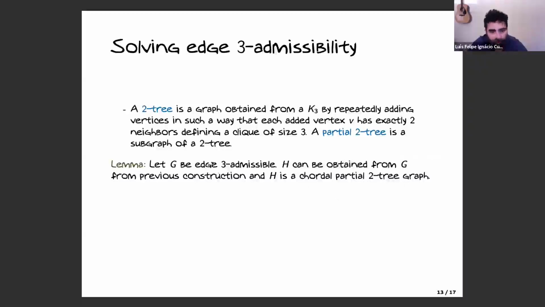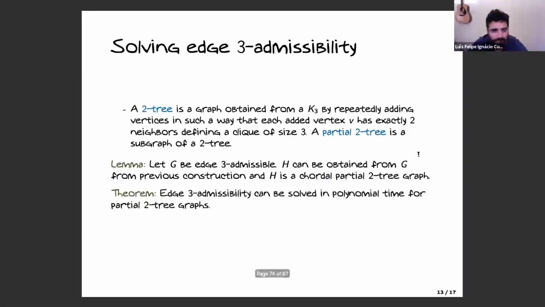And if such a graph is edge-free admissible, then it must be a chordal partial 2-tree graph. Sorry for the time, because I don't have time to explain all the details, but we have proved that edge-free admissibility can be solved in polynomial time for partial 2-tree graphs.